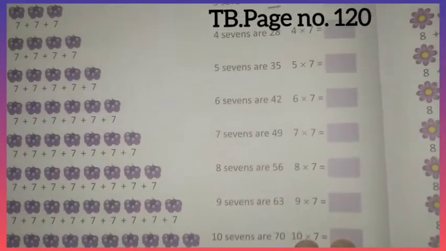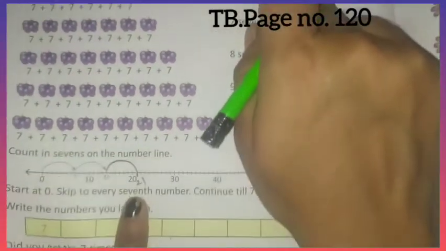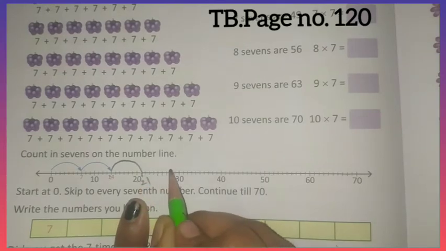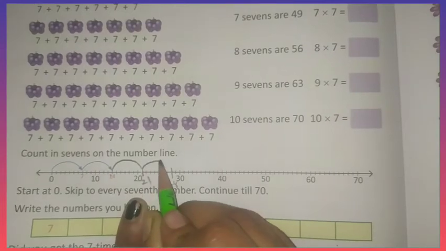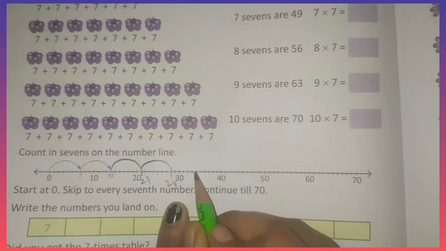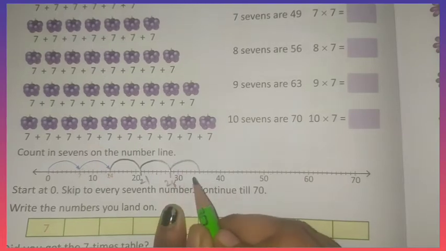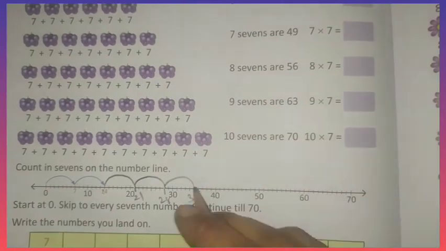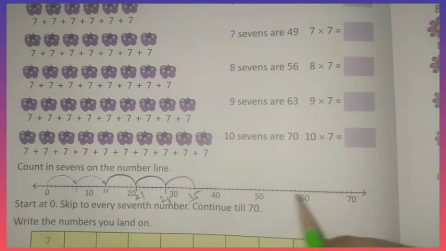Next, 7 fours are 28. So 21, 22, 23, 24, 25, 26, 27, 28. This is 28. So we'll draw up to here. Next, 30, 31, 32, 33, 34, 35. Up to here it will be 35. Like this, count and draw the 7 table on the number line.